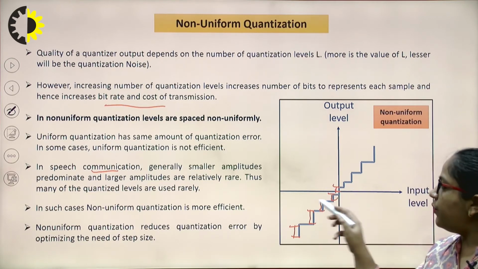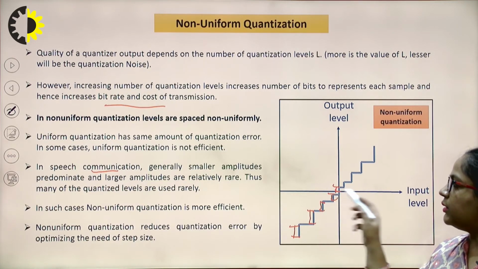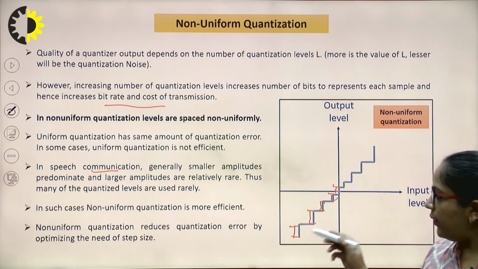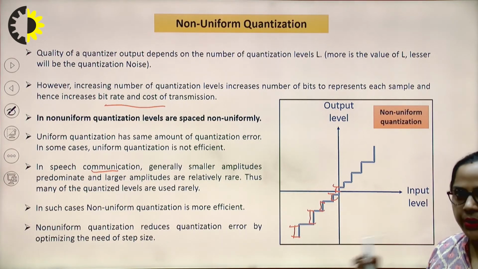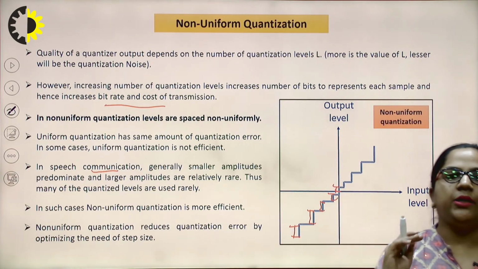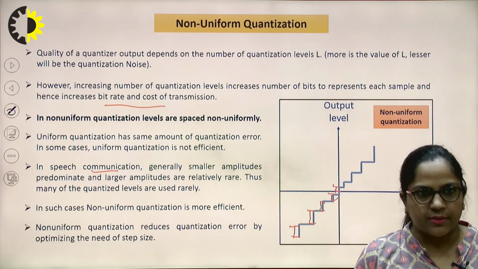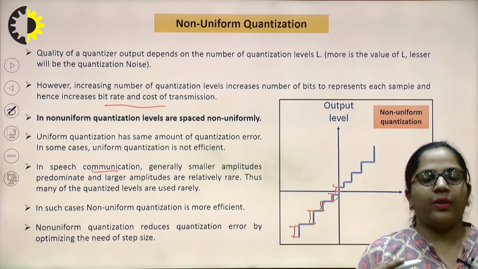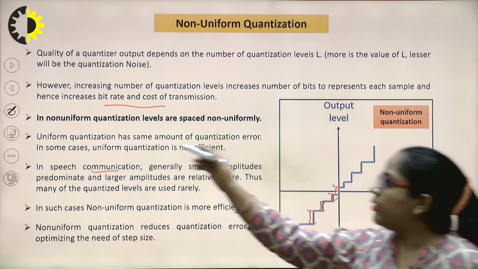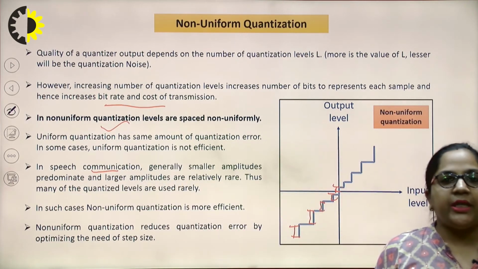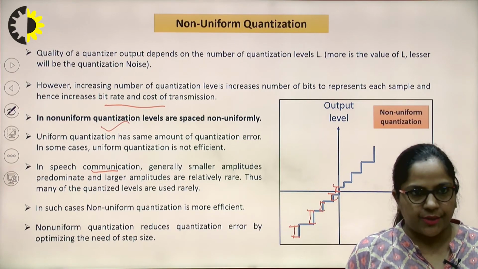Where most of the information is lying, we can divide that part into a larger number of levels, and where the information is rare or not used, we can divide that part into a smaller number of levels. So, to avoid the wastage of quantized levels, we opt for non-uniform quantization for speech or voice communication.